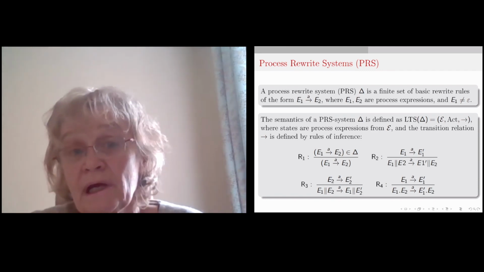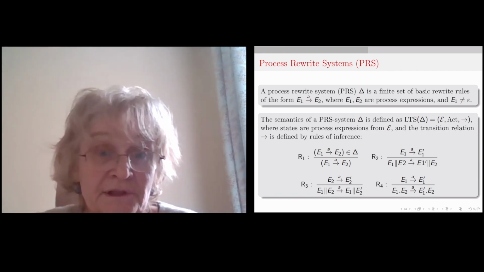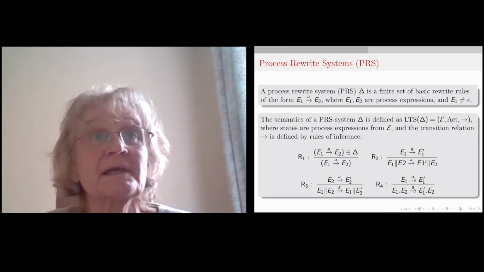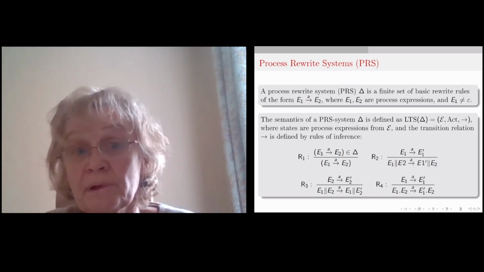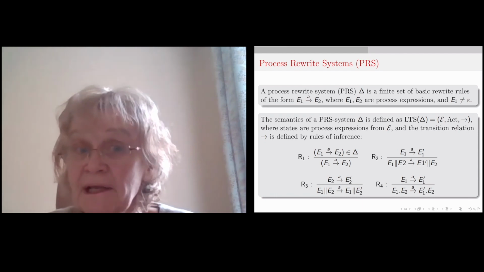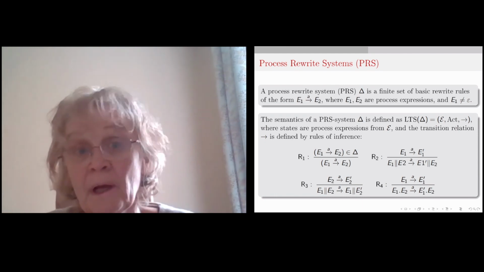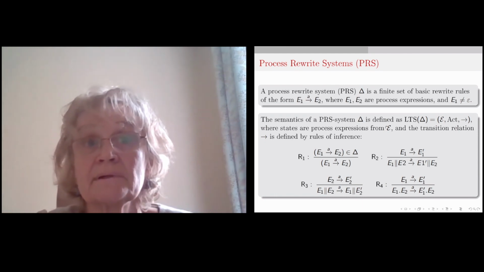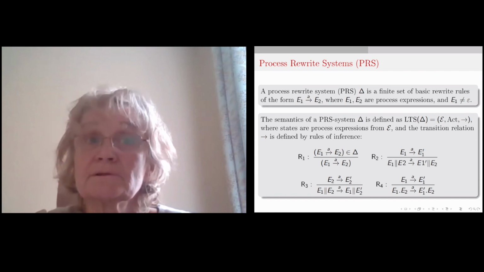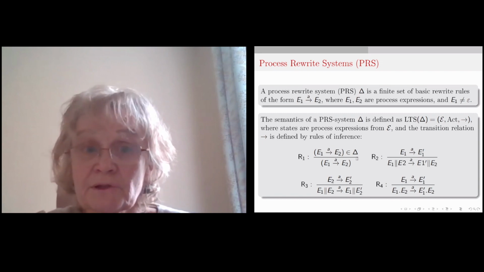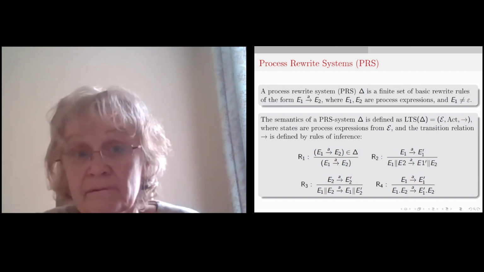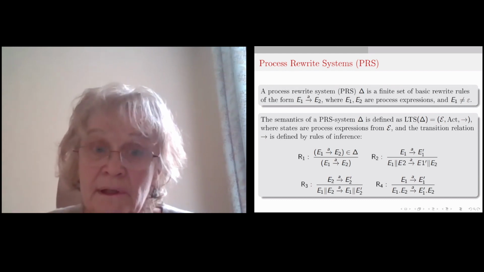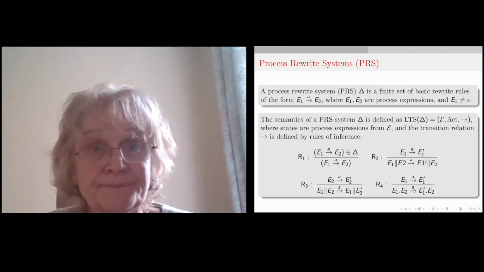And then we can construct labeled transition systems which describe the behavior of such a process rewrite system. States are expressions, and if we have a transition which transforms one expression to another, we have an arc between these states, and we may have an infinite number of reachable states.